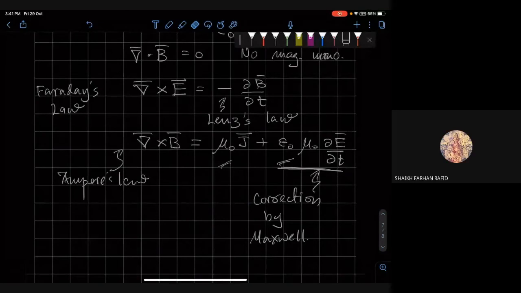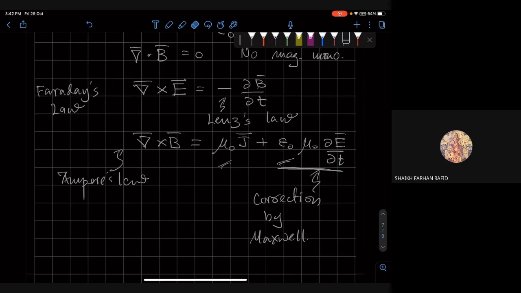So shouldn't magnetic monopoles exist? Sorry? There's nothing preventing them from existing. We just haven't discovered one. Yeah, Saif's answer is the correct answer.